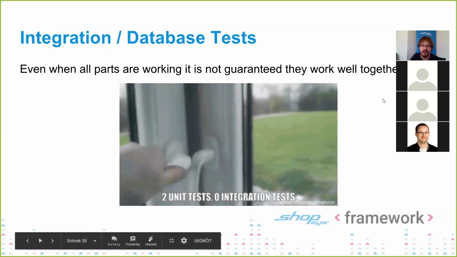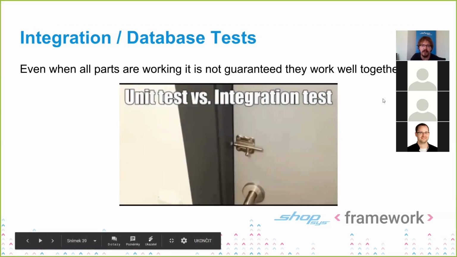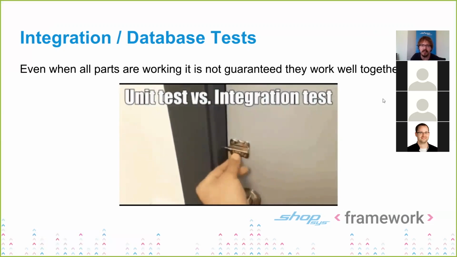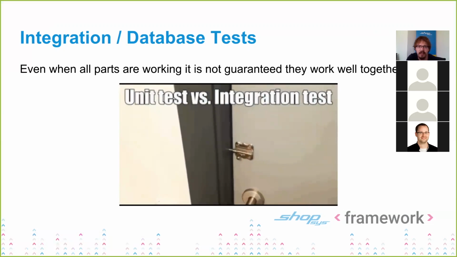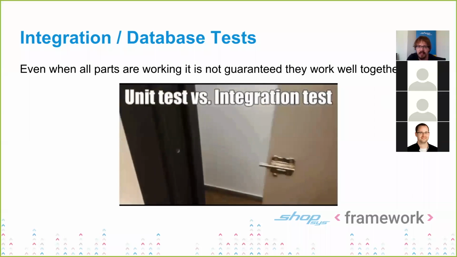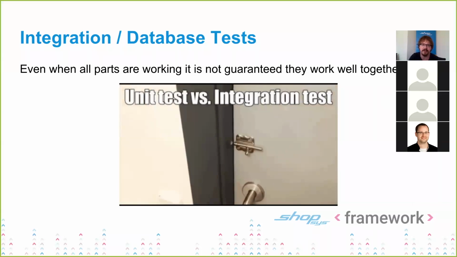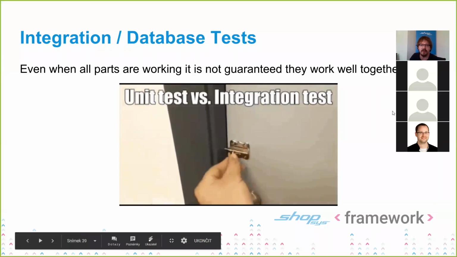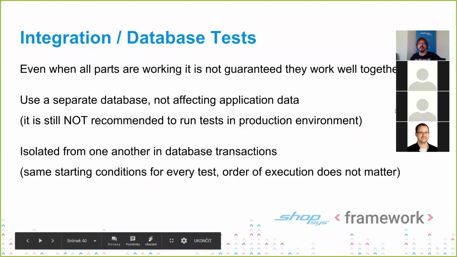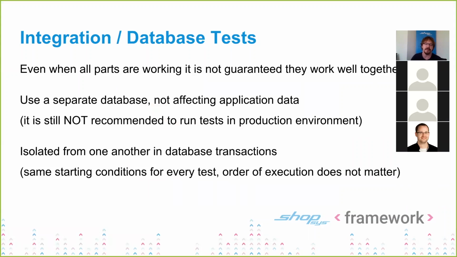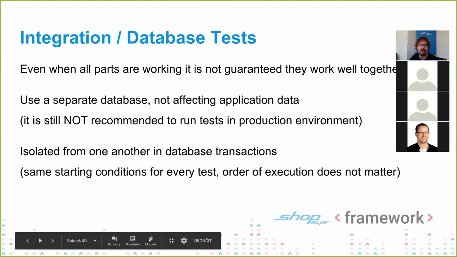And a second example from real life is this perfectly working sliding lock installed on a sliding door. So it's important to really test the application as a whole, not only every method of every class.